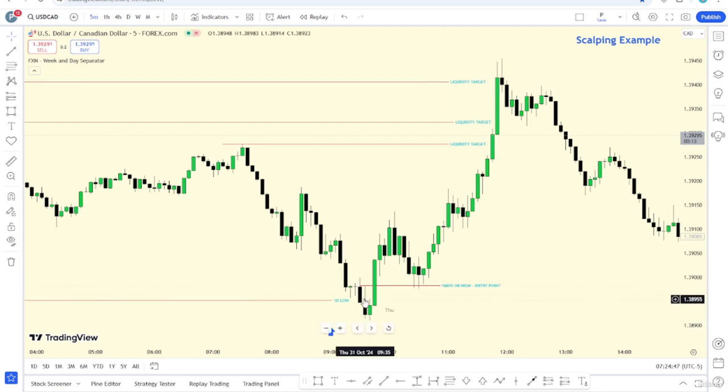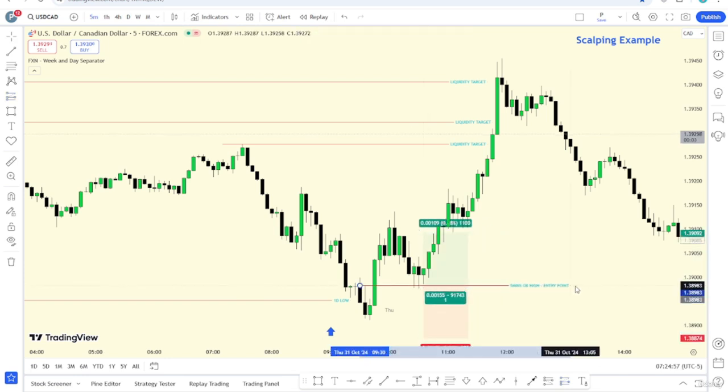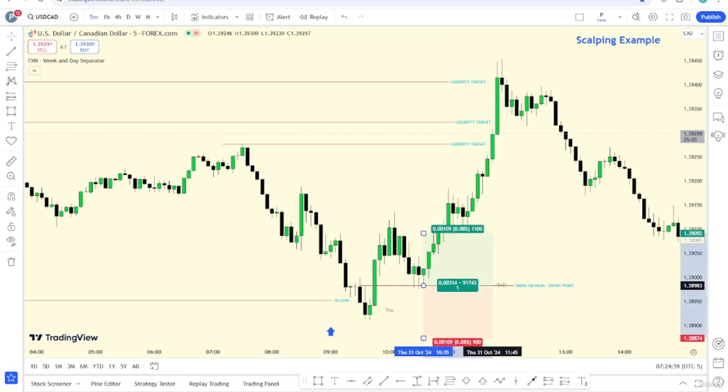Let's say we took our entry inside that order block high. You can see how we came back to retest that order block. And keep in mind the time. This is at 10:30 a.m., which is still within the session we discussed, inside the New York session.